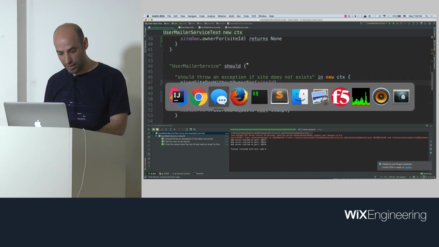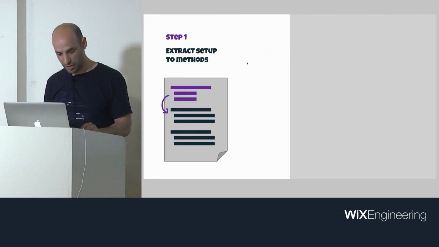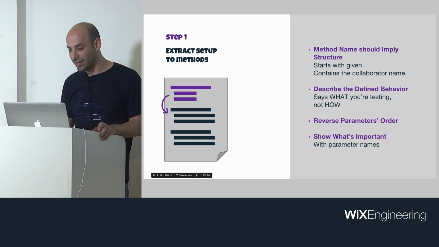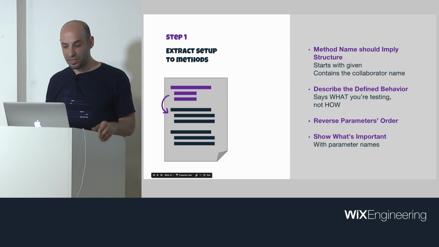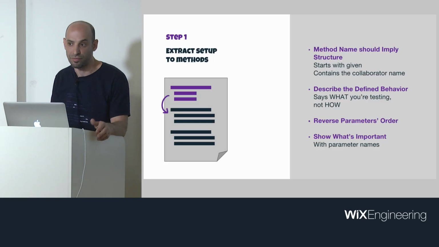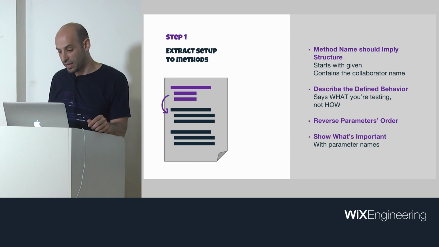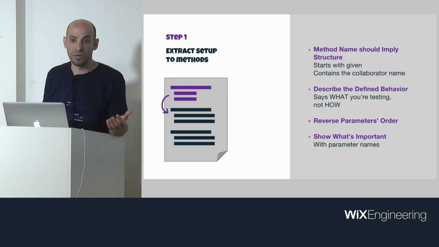Let's try to recap some of the things that we did here. We took the method name and we used the structure to imply what we're doing. We described the behavior. For example, we said that the site doesn't have a site ID, and instead of just explicitly returning the value, we reversed the parameter order according to the importance.